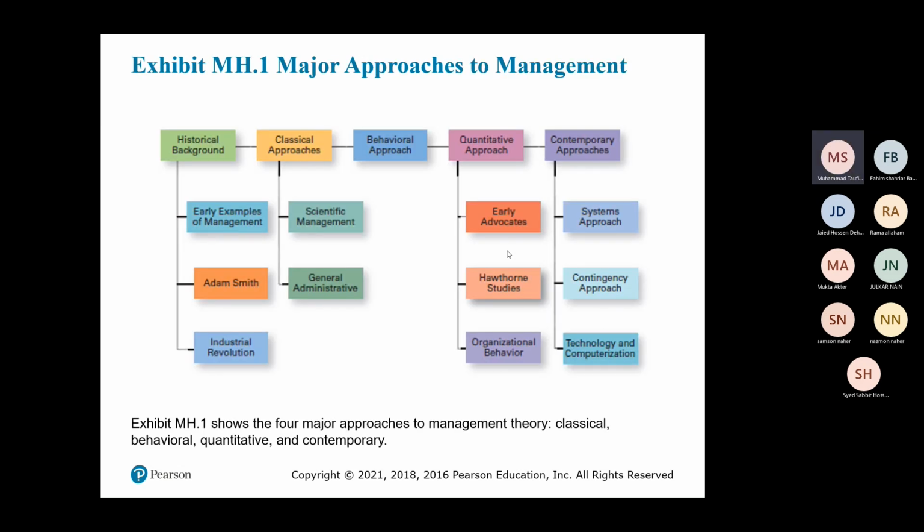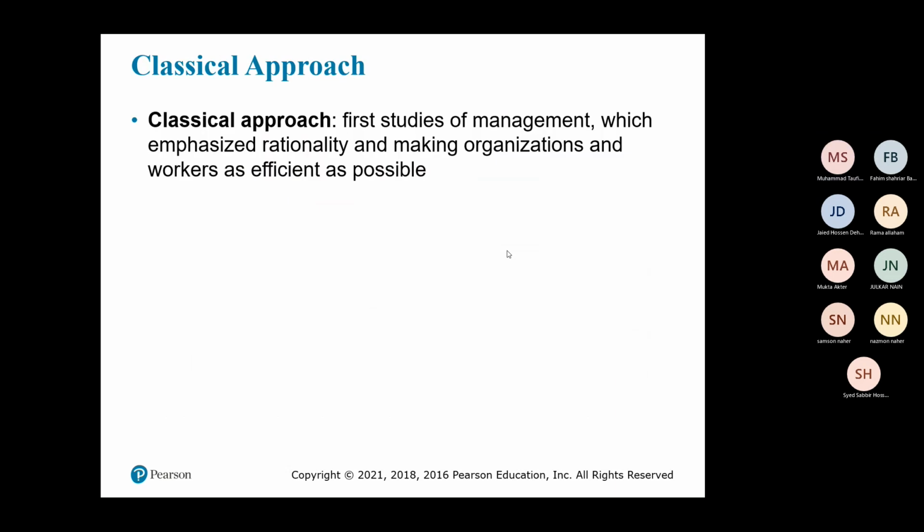Alright, so this figure shows you the evolution of management knowledge, from the early management, the prehistoric time, and then comes until the industrial revolution, when Adam Smith published his work, where he highlighted the division of job in the factory.